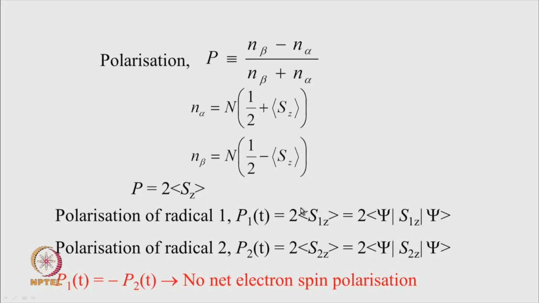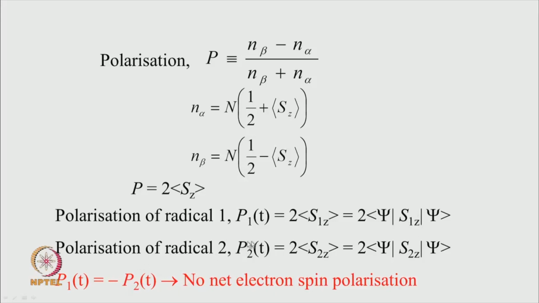Now, the way these equations are written, the polarization of radical 1 at time t is 2 times the average value of S1z, the z component of the spin angular momentum of radical 1, and this is given by this wave function, and this is the Sz operator.